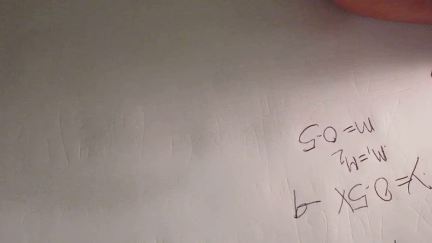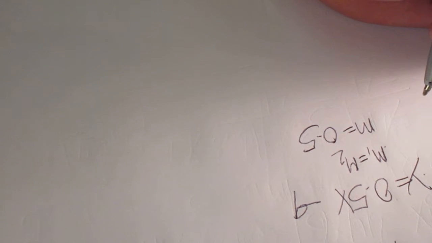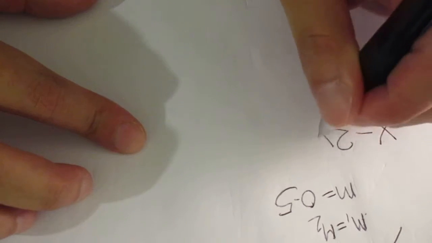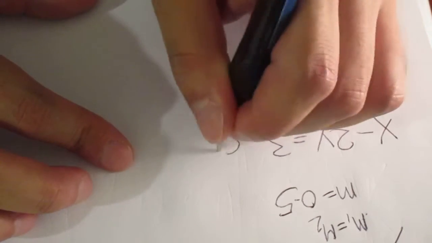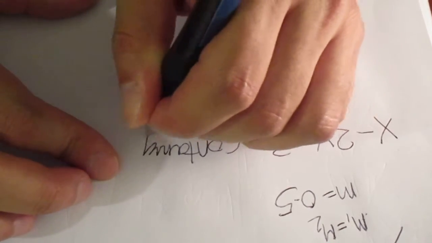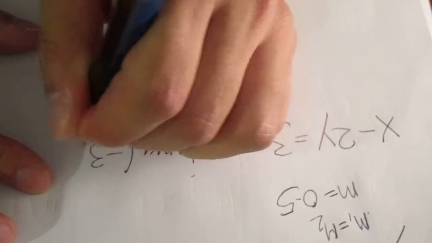How about let's say you are given x minus 2y equals 3 and containing the point -3, 1.